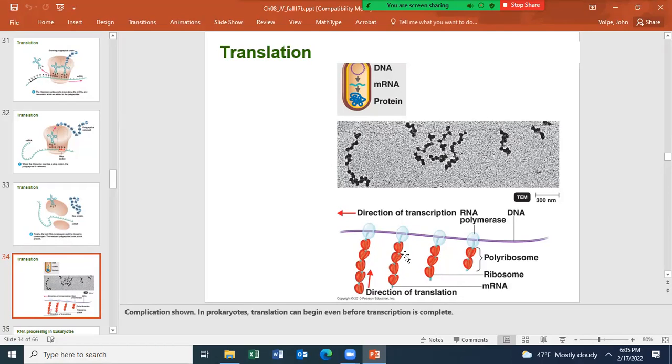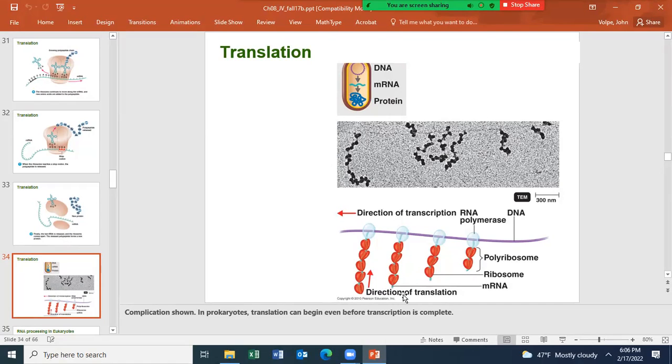And here we're seeing 1, 2, 3, 4 different messenger RNAs being made from the same gene. And this is the larger messenger RNA because the polymerase has had more time to make the messenger RNA. This polymerase is just getting started making the messenger RNA.